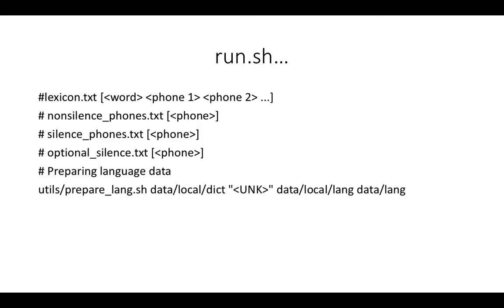So, once these are available, we have to create a lang directory using the following prepare lang command. So, data slash local slash dict, which we have already generated, contains the above four files, and unk is an unknown phone which is used for unknown phones, and it will generate the data slash lang directory.